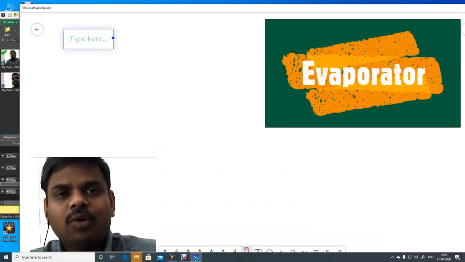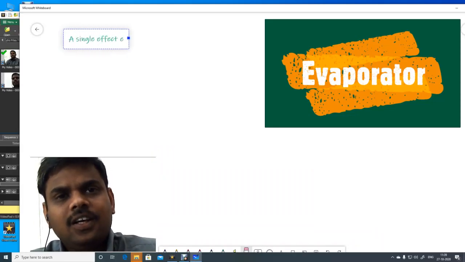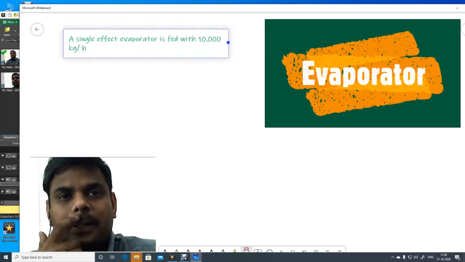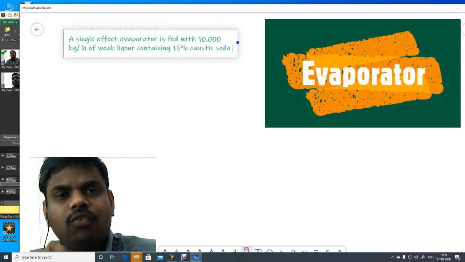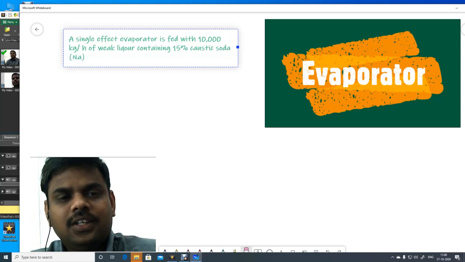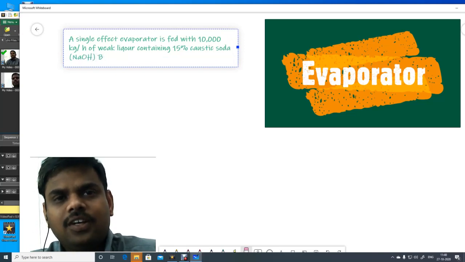Next problem: a single effect evaporator is fed with 10,000 kg per hour of weak liquor containing 15% of NaOH, caustic soda, by weight. And it is concentrated to 40% NaOH. Calculate the evaporation rate and the thick liquor flow rate.